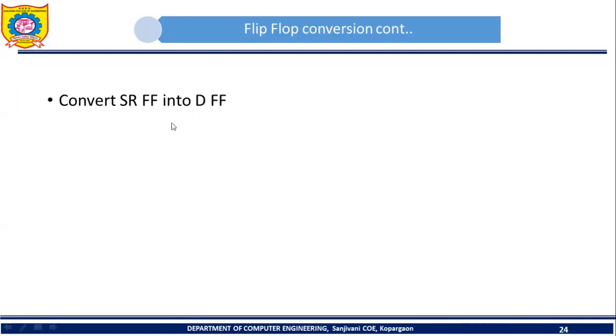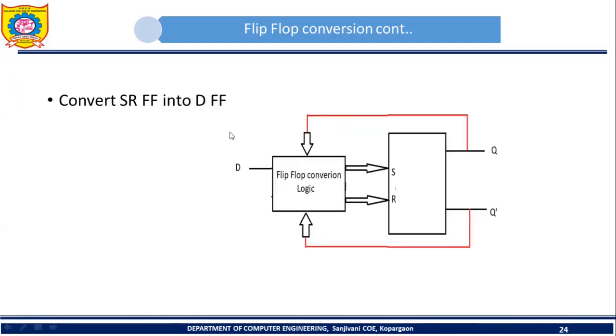Now let's see step by step how SR flip-flop can be converted into D flip-flop. First step: draw a block diagram like this. We are given SR flip-flop, and we want to convert it into D flip-flop. For that we have to design one flip-flop conversion logic. This flip-flop conversion logic will take D as input, along with Q and Q prime. What are Q and Q prime? These are the outputs of the given flip-flop, which in this case is SR flip-flop.